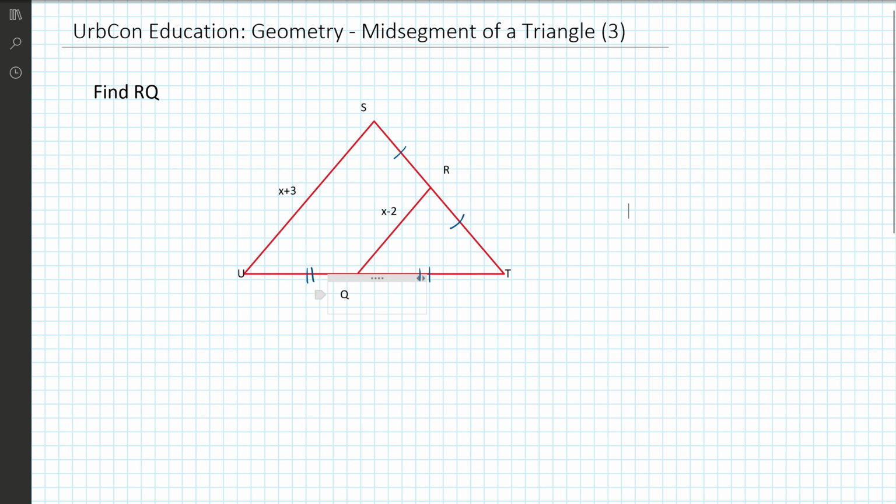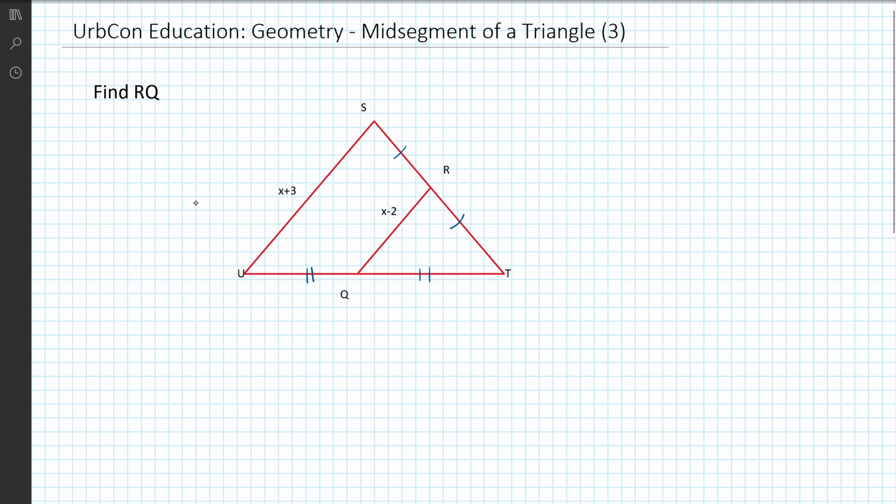Therefore, we know that R is a midpoint and Q is a midpoint. Thus, QR is the midsegment of this triangle, and it's parallel to US. Also, we can say from the midsegment theorem that this segment QR is about 1/2 of US, the x plus 3.